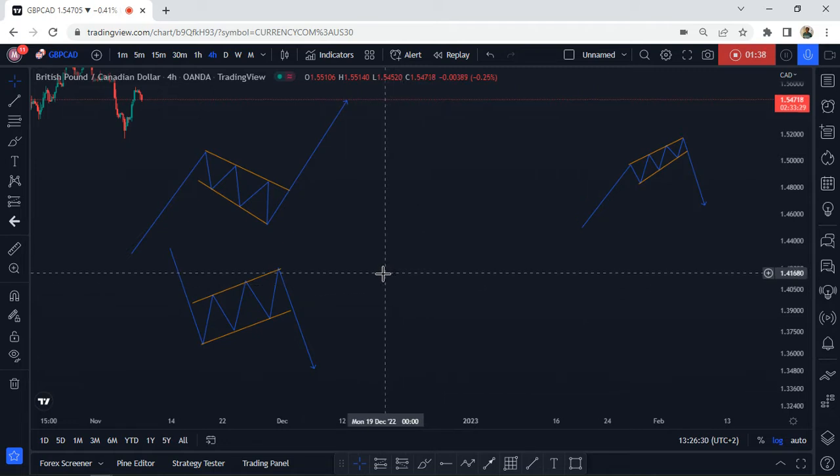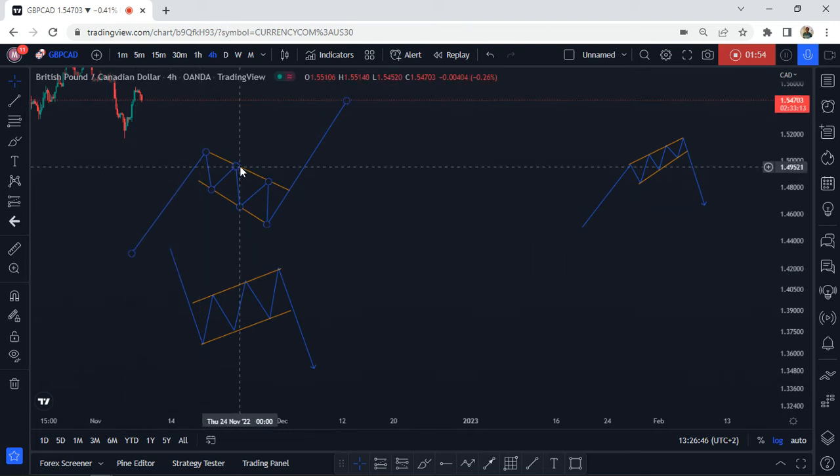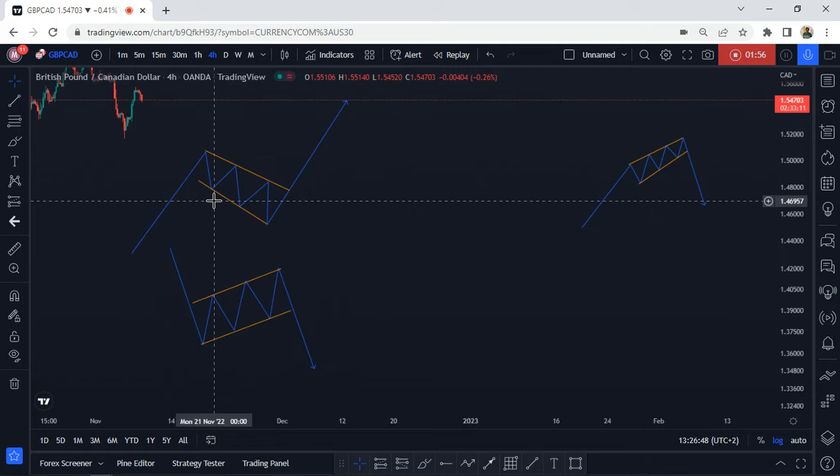So now I want to talk about why I prefer this type of pattern. Remember, guys, in continuation patterns and in reversal patterns, there are different kinds of patterns. For example, in continuation patterns, I prefer a bullish flag.